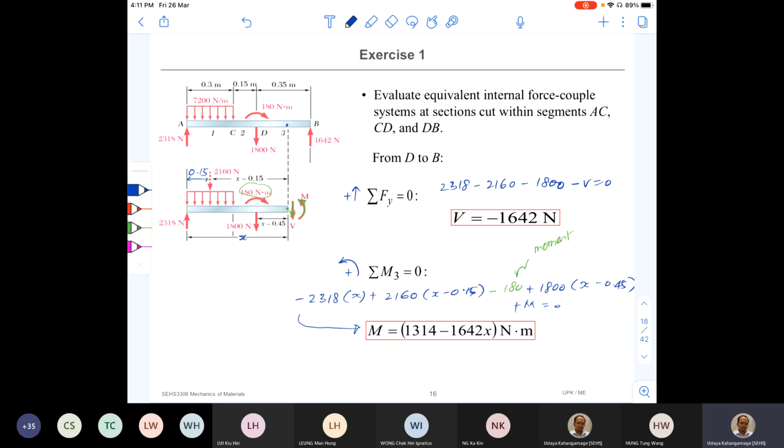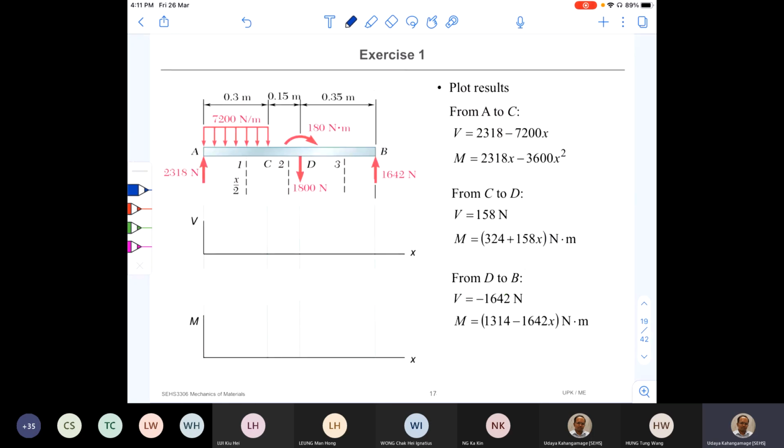Now let's construct our shear force and bending moment diagrams. Go to the next slide. There I have transferred these 6 equations. This is equation number 1. Let us identify them by a number: 2, 3, 4, 5, and 6.